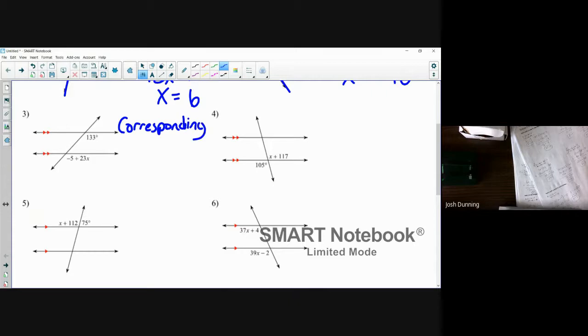Those are equal. Add your 5. Then divide by 23. And when you divide 138 by 23, you get 6.